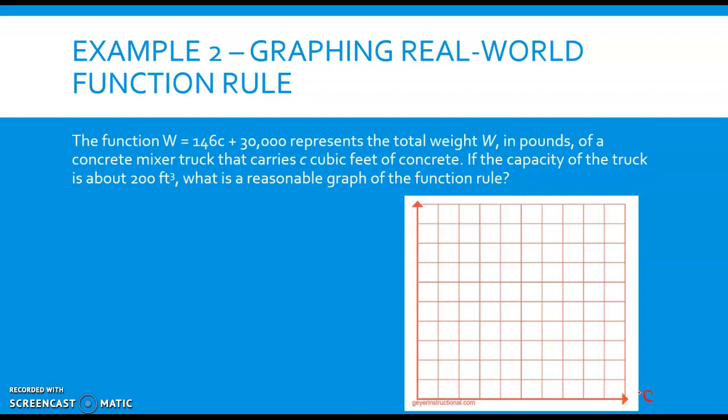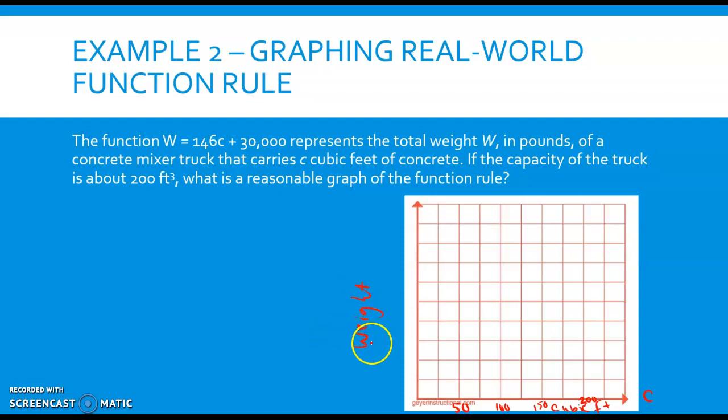So this is our cubic feet. This is our capacity. And we're going to count this by 50s. So 50, 100, 150, and then here would be 200. All right, and then my Y value is going to be the weight.